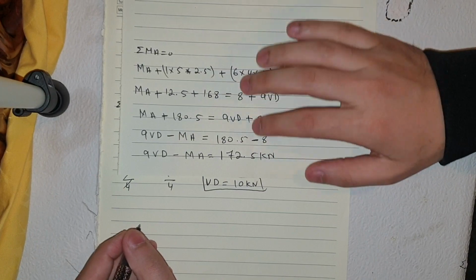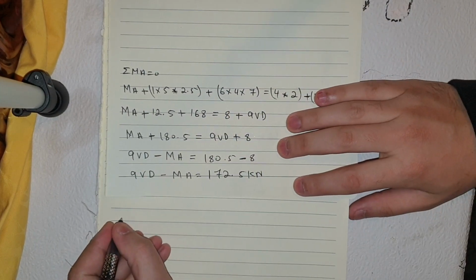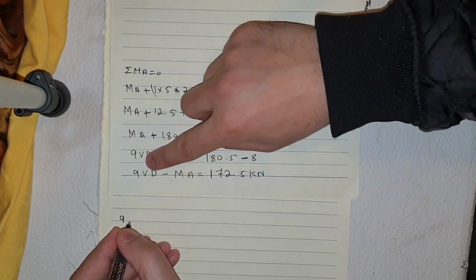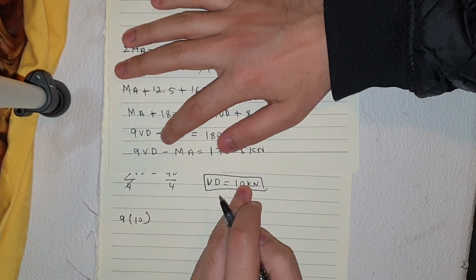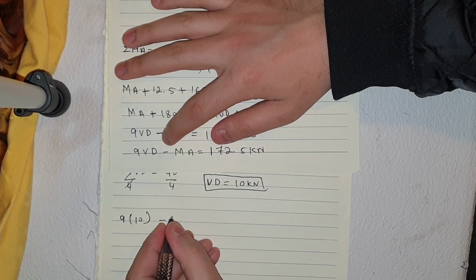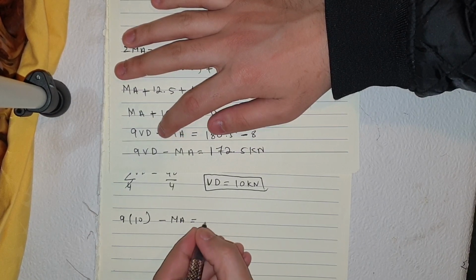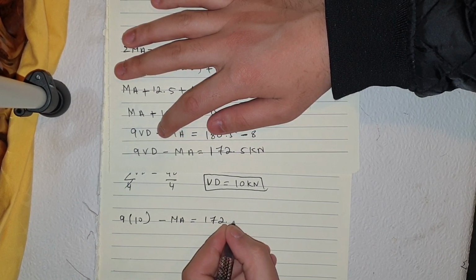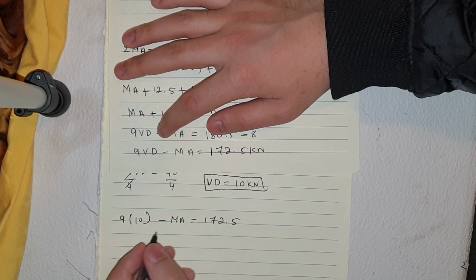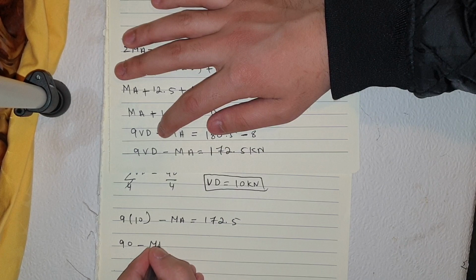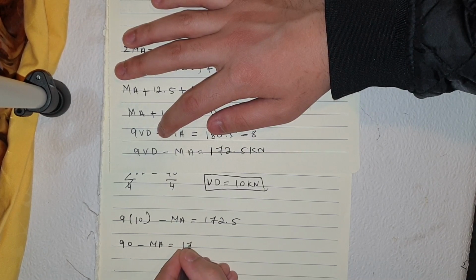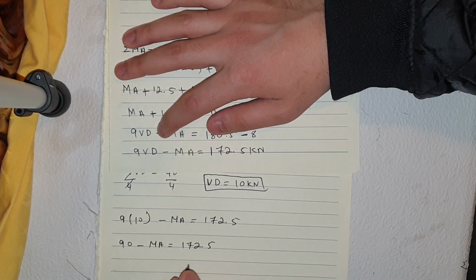So let me go back to our previous page. So the 9, instead of Vd, put the value, which is 10. We have found that already. Minus Ma is equal to 172.5. So 90 minus Ma is equal to 172.5.